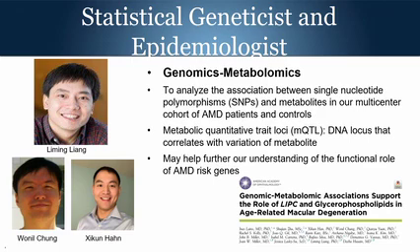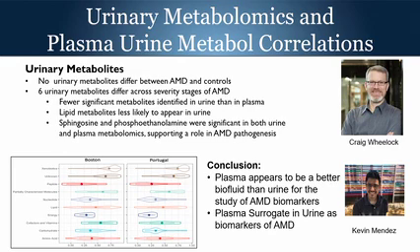They did mQTL analysis for us on our cohort, again using the meta-analysis way of doing it, and we showed that genomic-metabolomic associations support the role of the LIPC gene and glycerophospholipids in age-related macular degeneration.